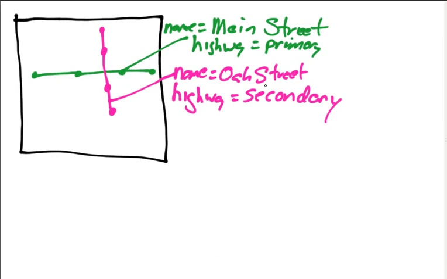And we'll make two residential streets. Make one that goes off this main road. And we'll call that one, oh, I don't know, Elm Street. And highway equals residential.